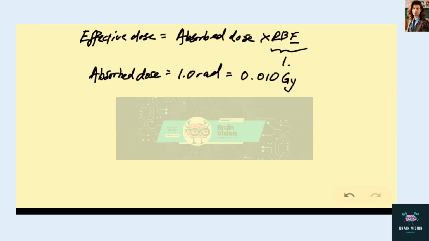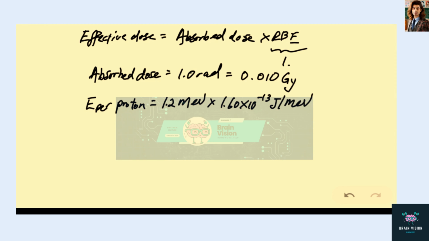Now to find out how many protons are being absorbed by the tumor, we are given that each proton has an energy of 1.2 MeV. We convert this into SI units, joules, by multiplying by 1.6 times 10 to the power minus 13 joules per MeV.